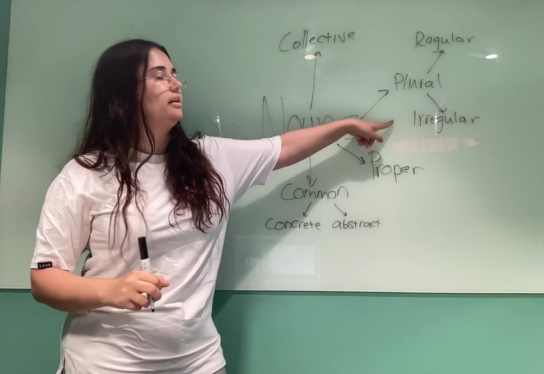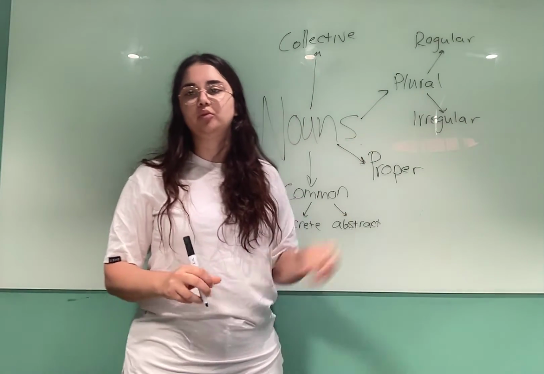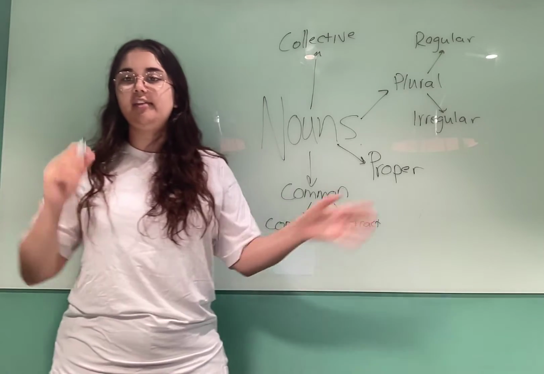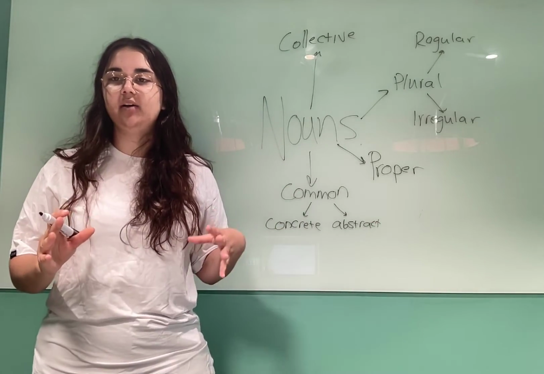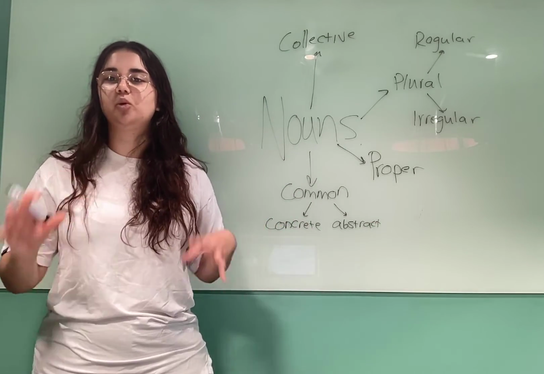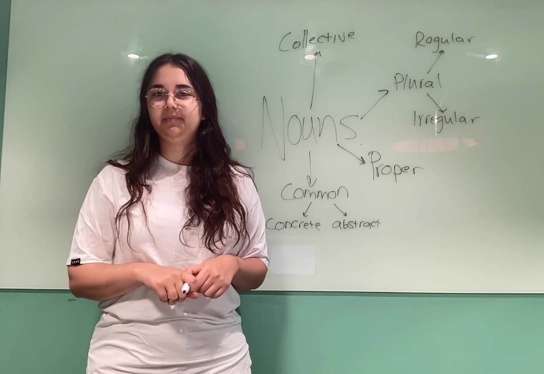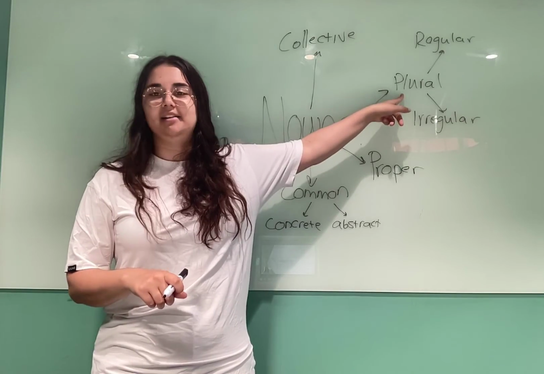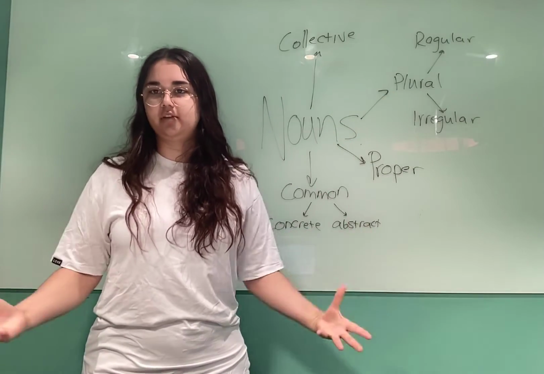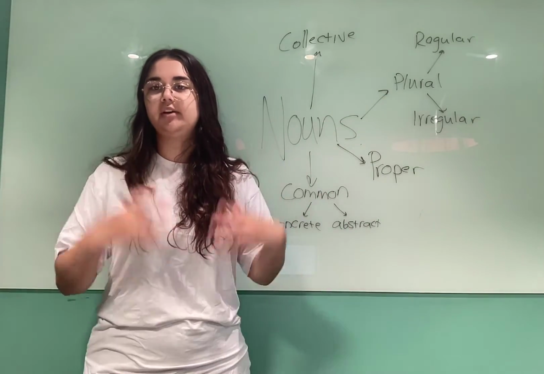Regular and irregular. Now think about the word plural. What does plural mean? If you're in a class, I want you to pause this video now and have a quick discussion among yourselves as to what plural means. If you're watching by yourself, just have a think about it in your head. So plural nouns mean multiples of something. If something is plural, there is more than one.